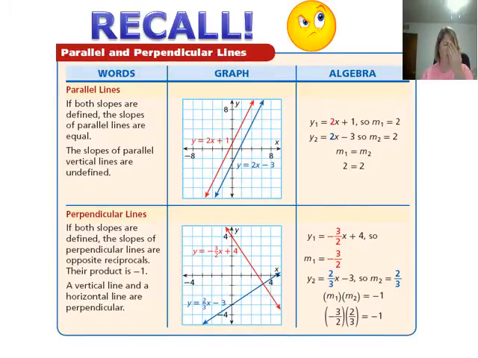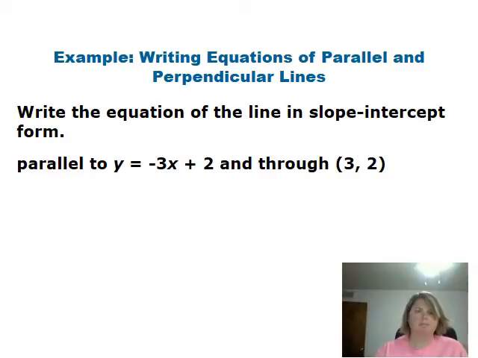All right, so now let's look at parallel lines. Remember that parallel lines have the same slope, and perpendicular lines have opposite reciprocal slopes. So here's an example. We're going to write equations of parallel and perpendicular lines, in slope-intercept form.